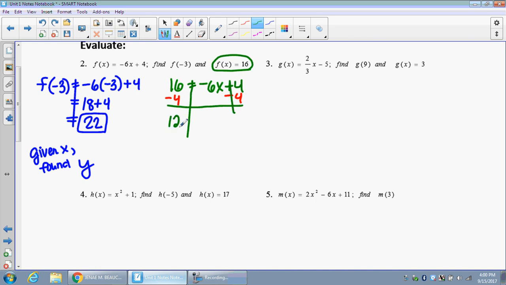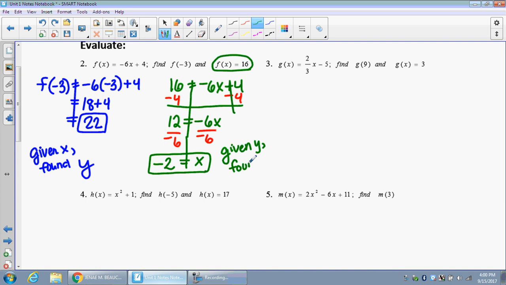And I get 12 equals negative 6x. I will divide both sides by negative 6. And I get x equals negative 2. So here, in this one, I was given y, and I found x.